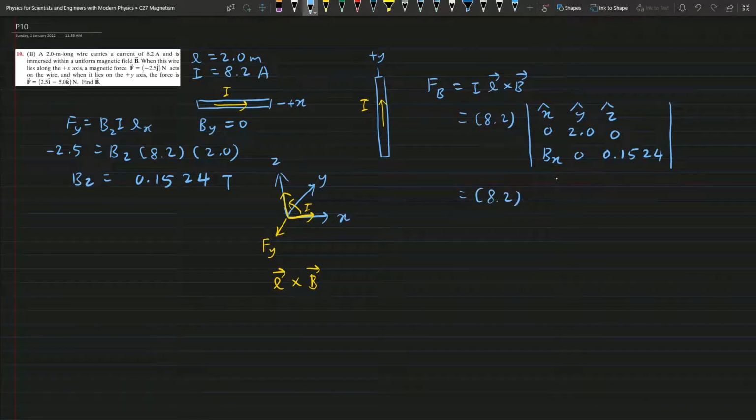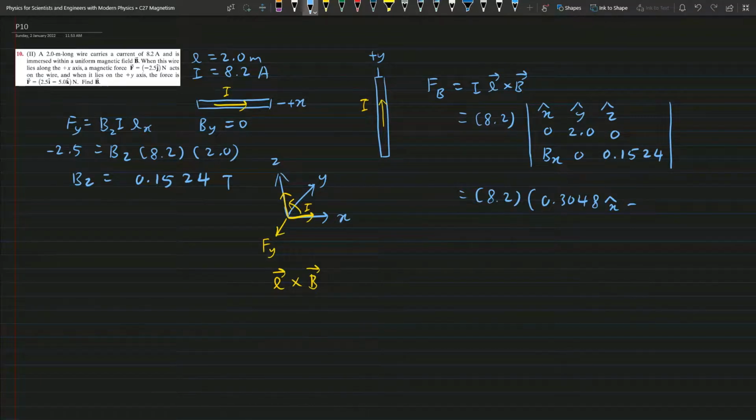Now we solve for the cross product here. This is 2 multiplied with this value. Yeah, this is 0.304 for x, and for y we have 0 multiplied with 0.1524.